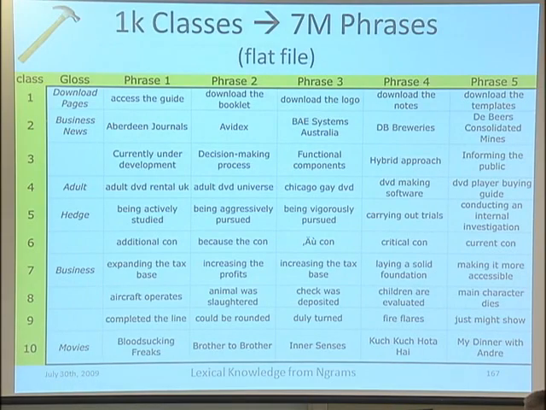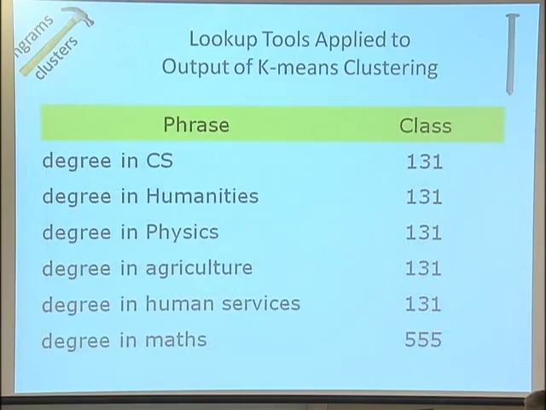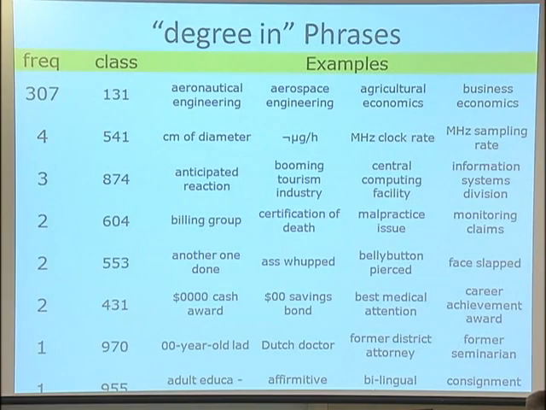I wanted to provide some indexing to it. For example, here you could look for all the phrases that start with some substring or contain some substring. In this case, many of them are in class 131, but not all of them. Here I get a better sense that the degree in phrases are overwhelmingly in class 131, but there are some exceptions.